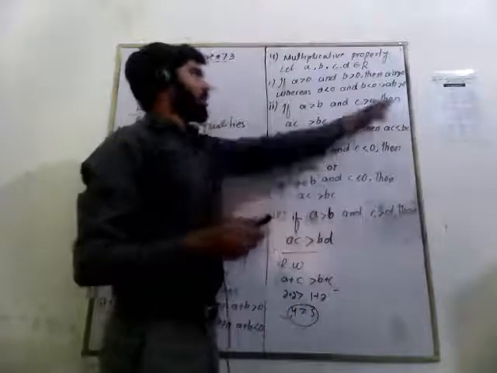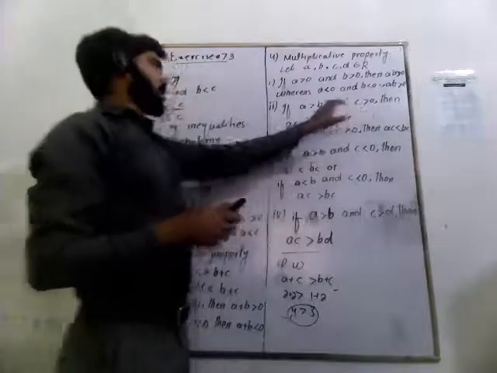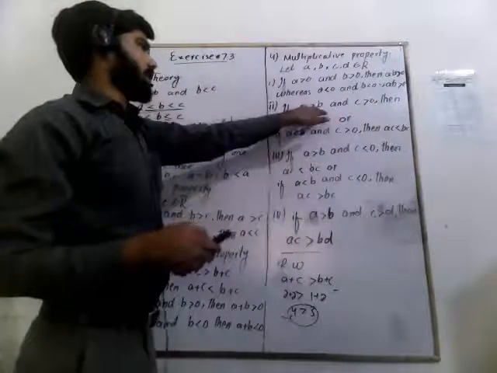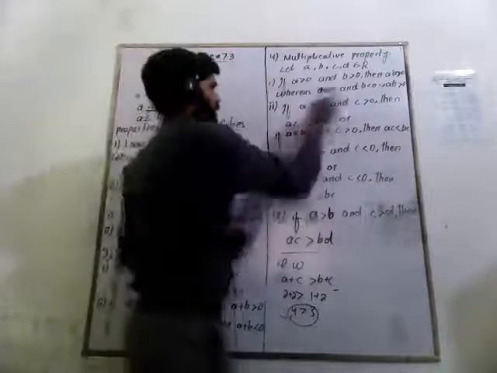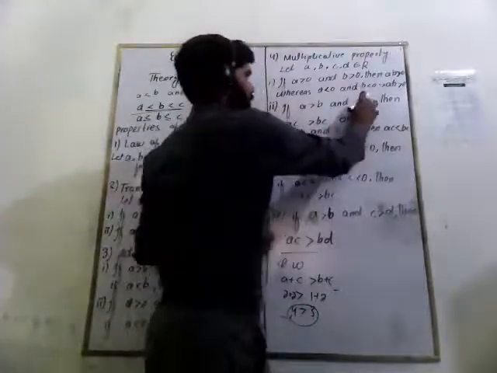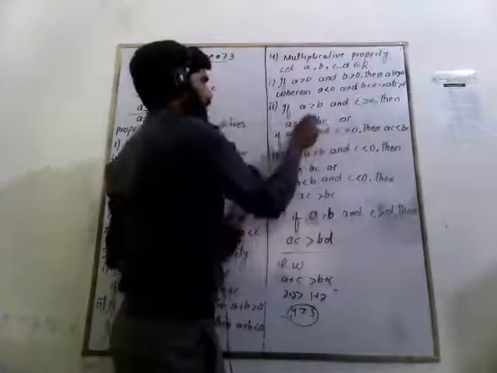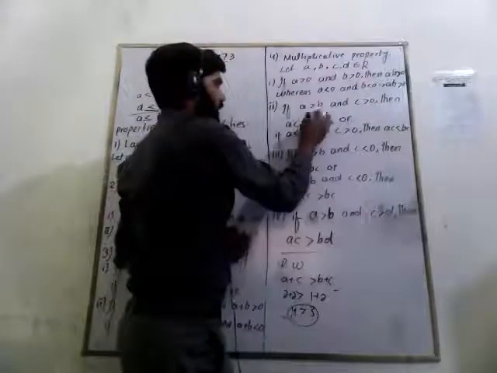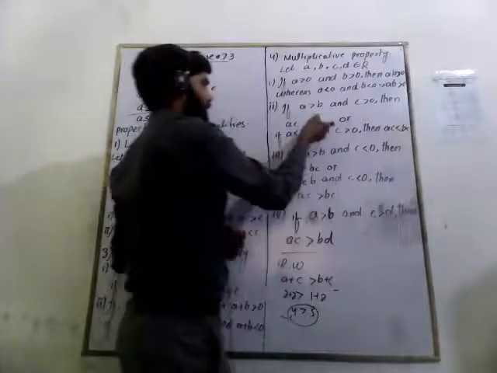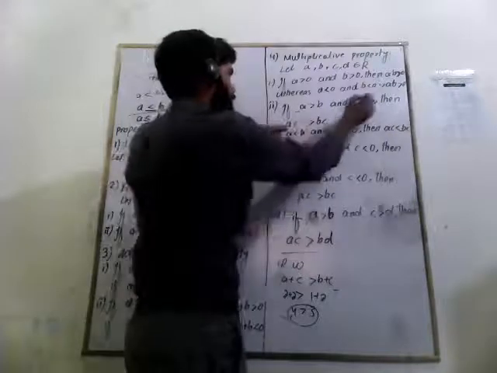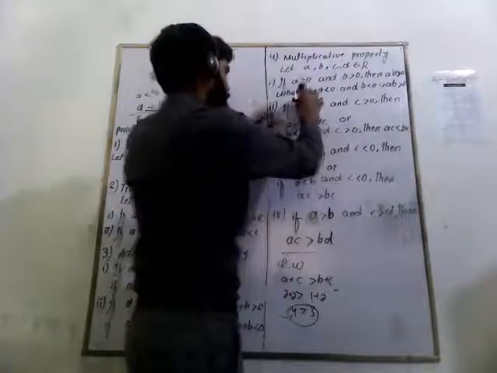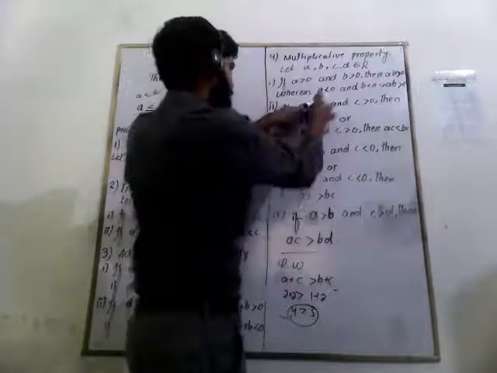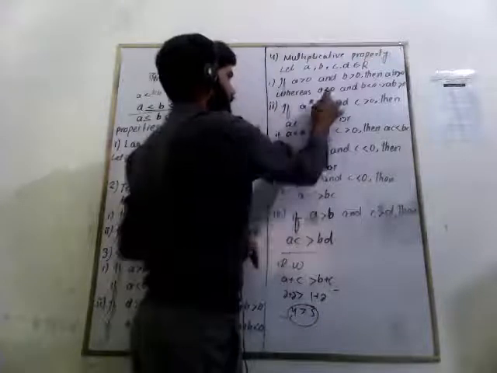In the second case, if a is greater than b and c is greater than 0, then c is multiplied on both sides, and c is a constant. Since c is greater than 0, a positive number, there is no change in the sign of the inequality. So c is multiplied with both sides, first a into c, the sign stays as it is, then b into c.